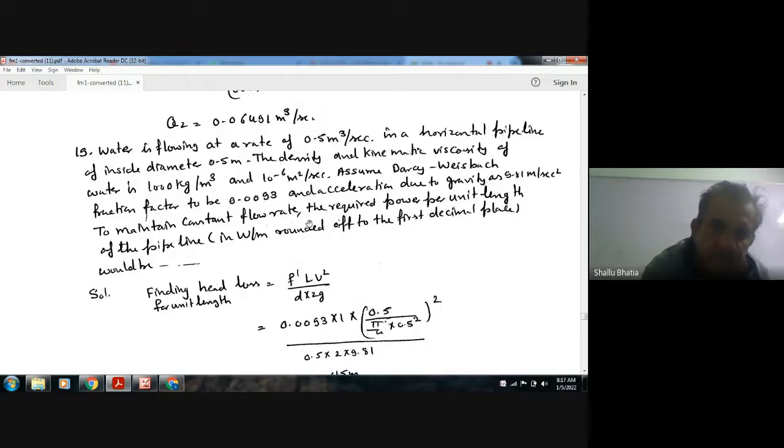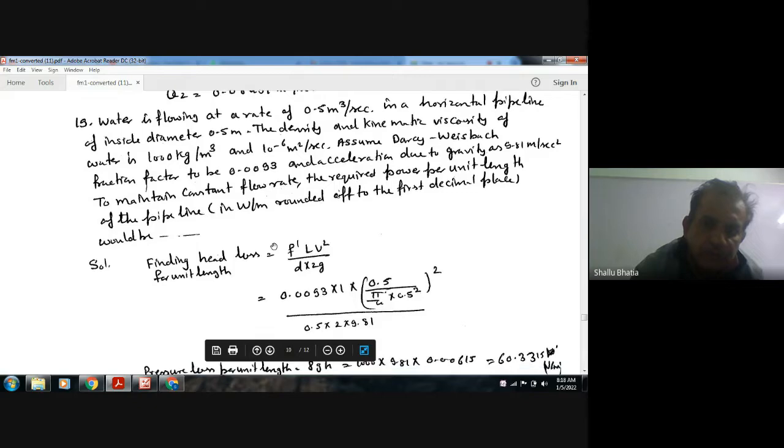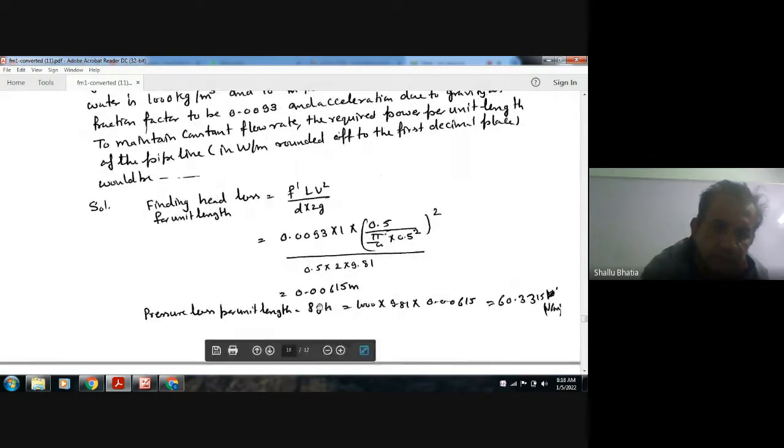V is discharge by area. Discharge is 0.5 cube and area is pi by 4 D square, with D being 0.5. So we can find out the friction head loss.